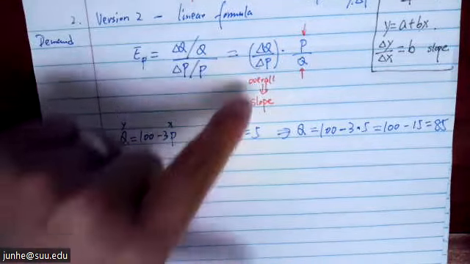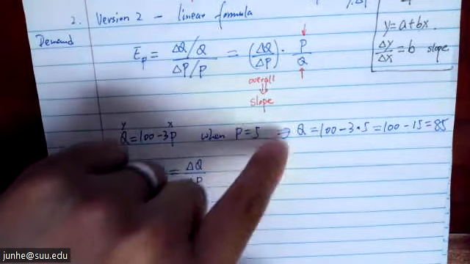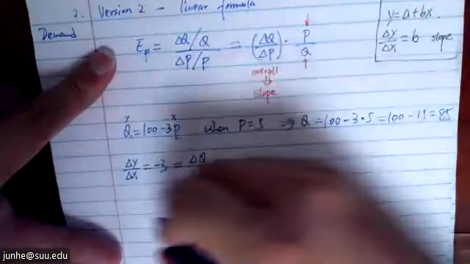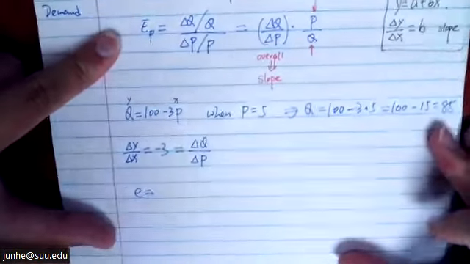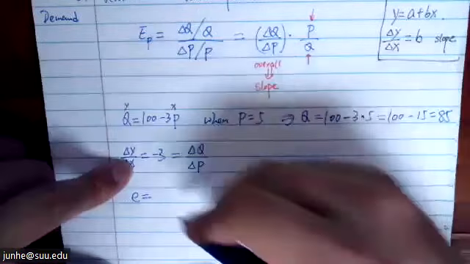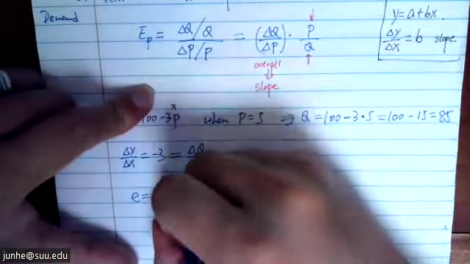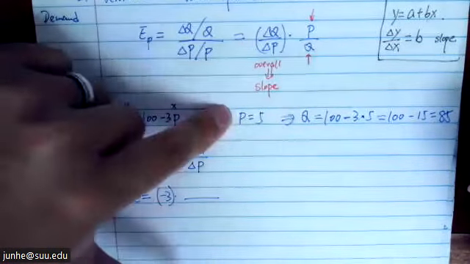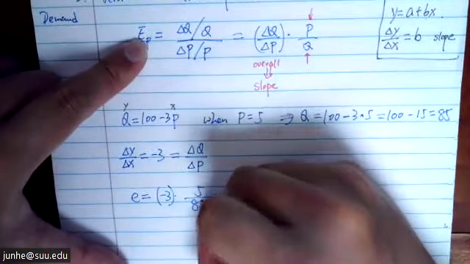So you have delta Q over delta P, you have the price, you have the quantity. Then to calculate elasticity, what you need to do is just plug them in, right? The first term is minus 3. The second term, on the top, which is the price, is supposed to be 5. In the bottom, 85.